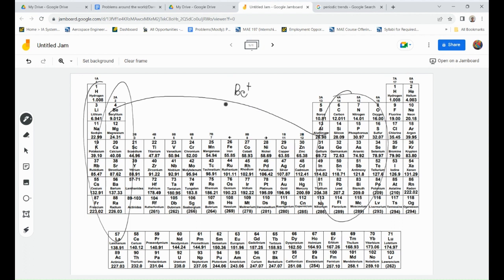You're going to get a B positive and an F minus, and that's going to turn into some kind of ion, no compound. Fluoride, I can't say that word. Whatever, but that's a general idea.